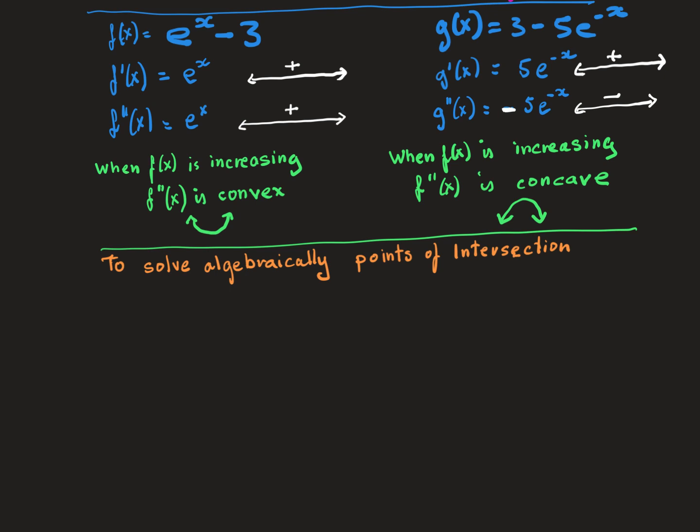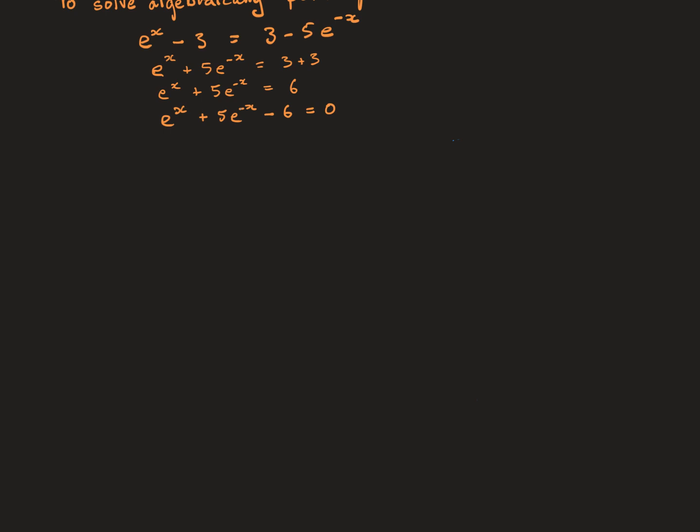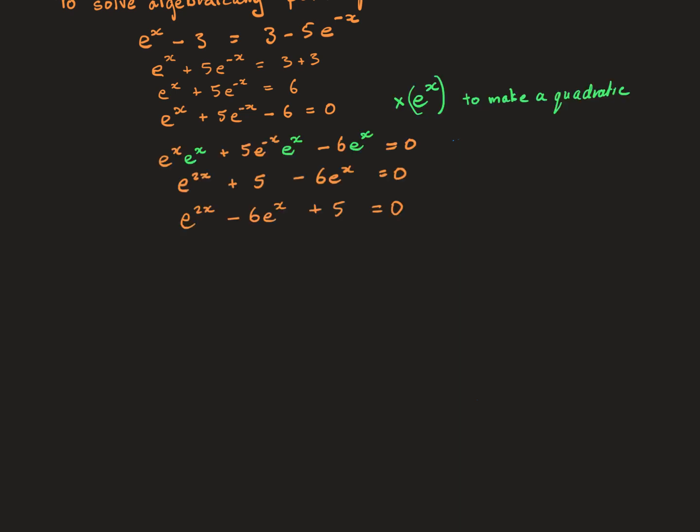And now to solve algebraically the points of intersection, we just make those two equal each other. e to the x minus 3 equals 3 minus 5e to the minus x. So just rearrange. The trick here is to multiply by e to the x to make it a quadratic. And now just rearrange this so you can make it look like a quadratic. And now you should be able to factorize it.